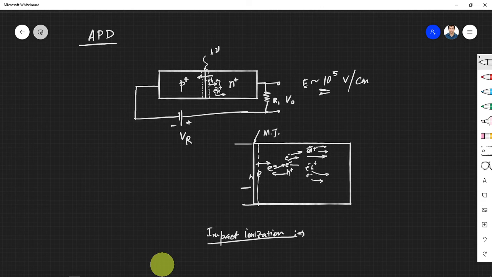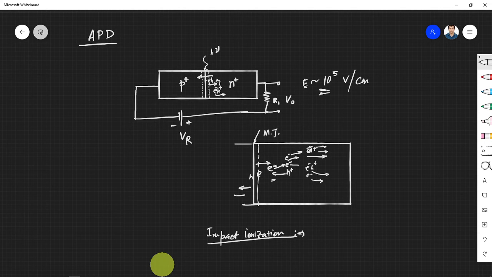Similarly, for the other half, the hole also can do the same thing. It can also accelerate. Definitely the hole has lower mobility in most semiconductors compared to the electron, so it might not be as efficient as the electron, but it can also knock out electrons the same way, and the multiplication process can continue.